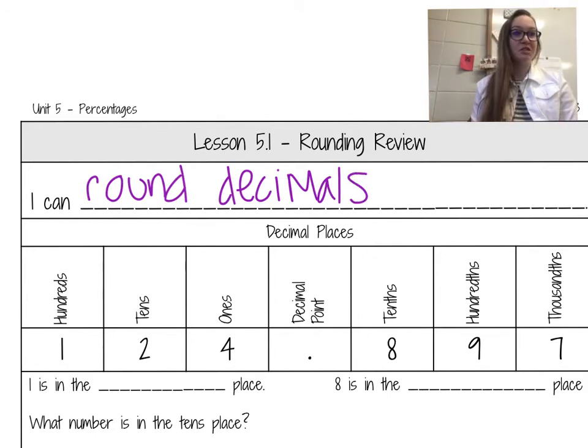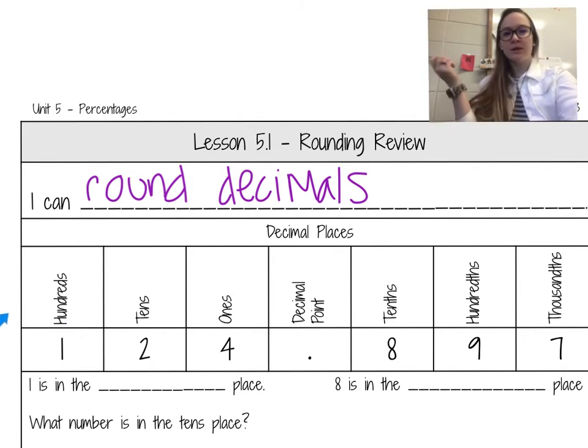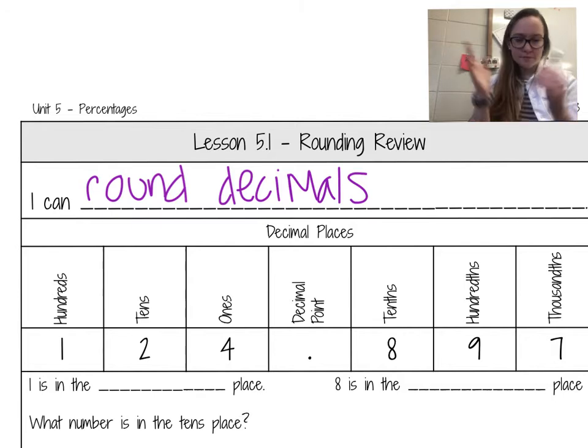Okay, just rounding decimals. So this little chart tells us the places. So here's your decimal point. So coming before the decimal, you have your ones place, your tens place, and your hundreds place. And it would go on thousands, 10,000s, 100,000s, okay?